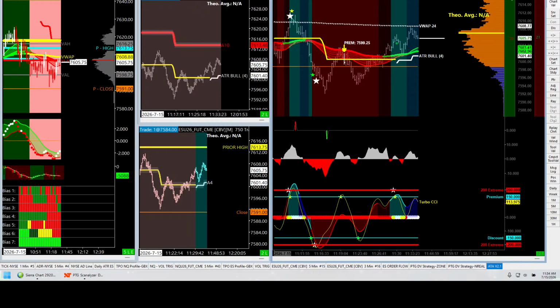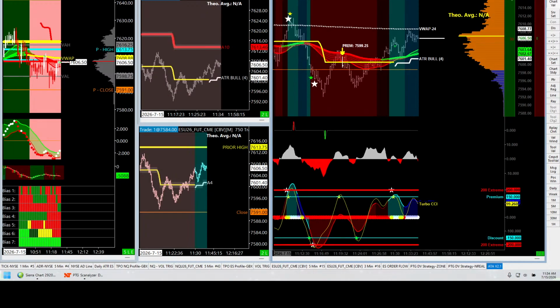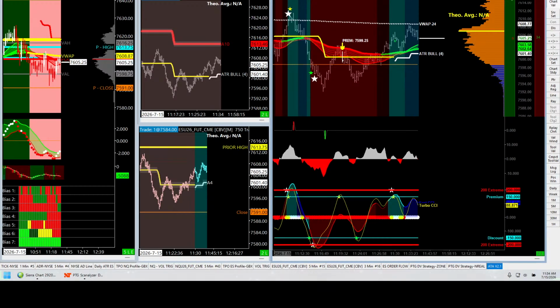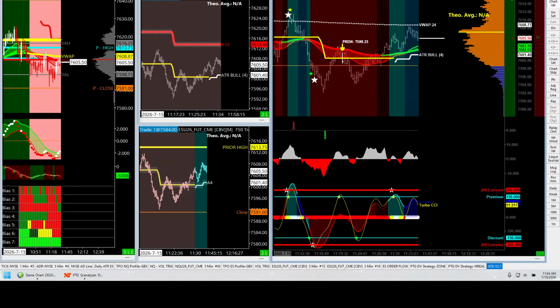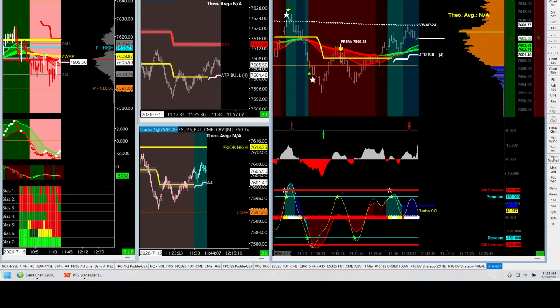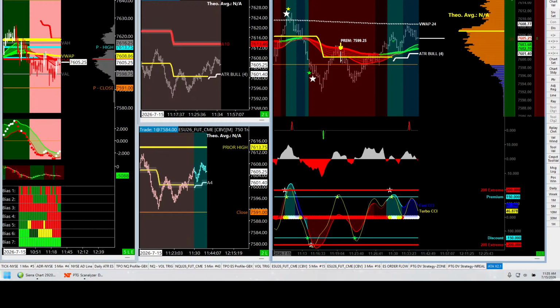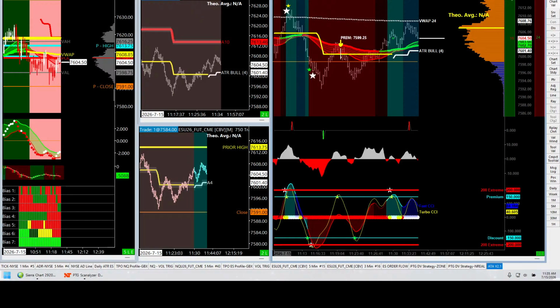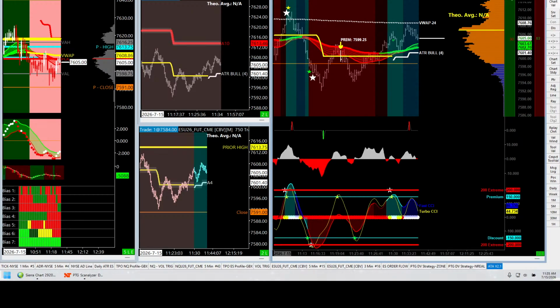Also, I think part of the reason a lot of people may not want to take a funding program, and I'm being very honest here, is if they're trading their own money. Do you have rules trading your own money, or do you have just loose rules? Do you really have a solidified strategy, or are you just trading off the hip?